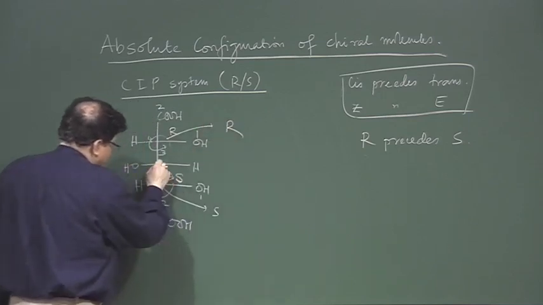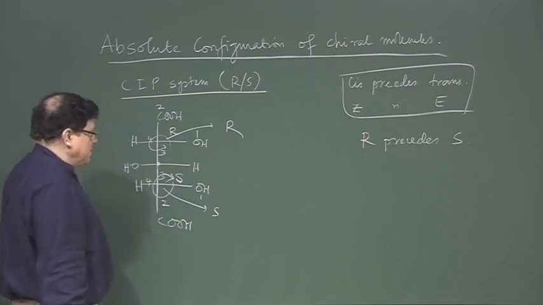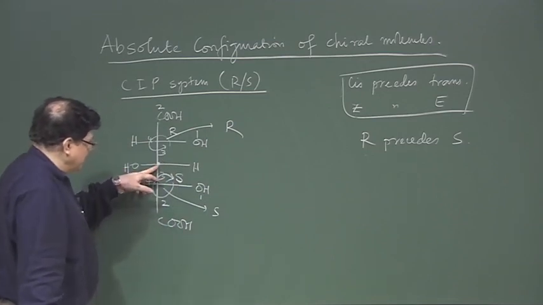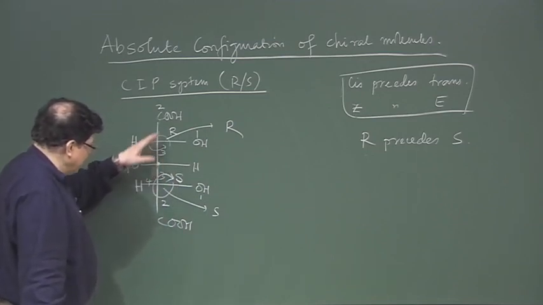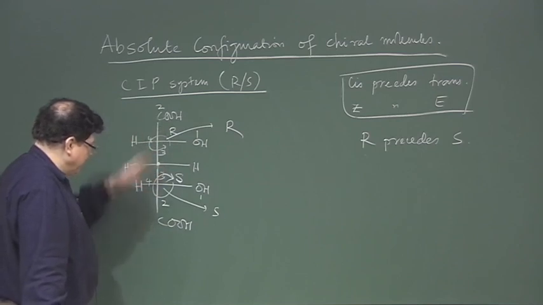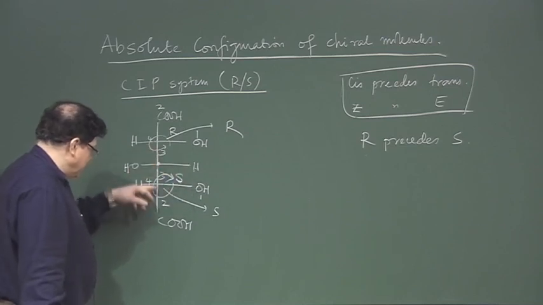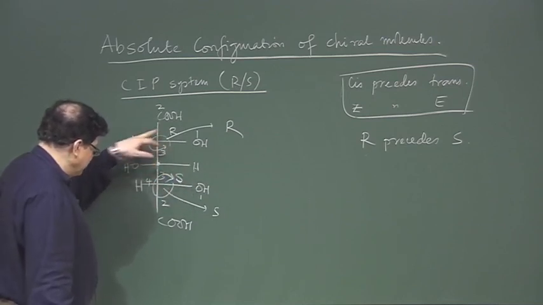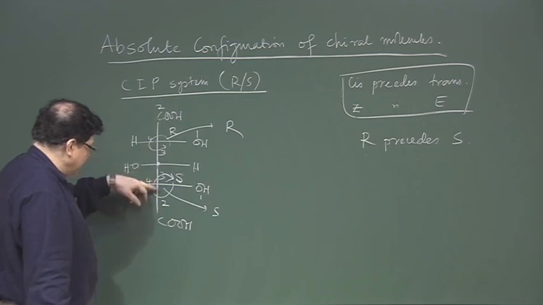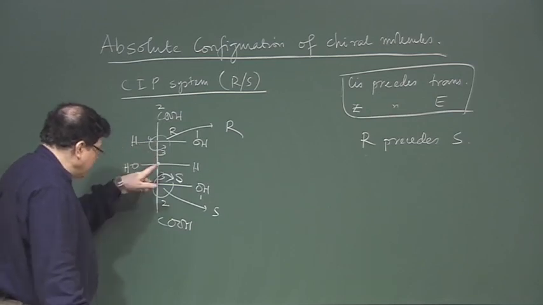So, now this carbon has become a stereogenic center, because it is now attached to 4 different groups. Okay. The difference here is basically different atoms, and here the difference is because of the different configuration of the chiral centers attached to it. Now, what is the configuration of this?